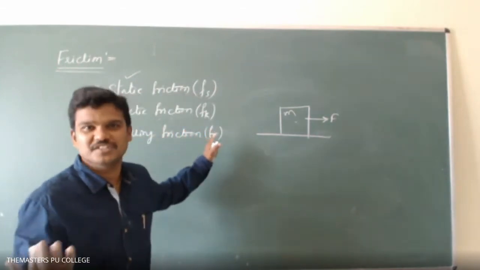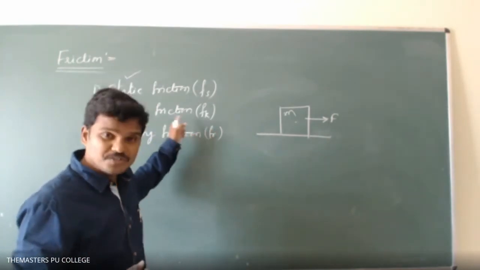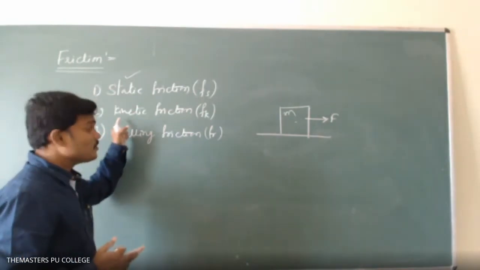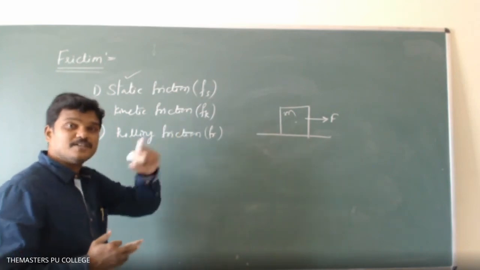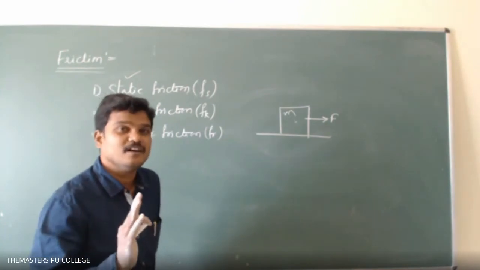Dynamic means motion. So the frictional force present when one body moves over the surface of another body is called kinetic or dynamic friction.